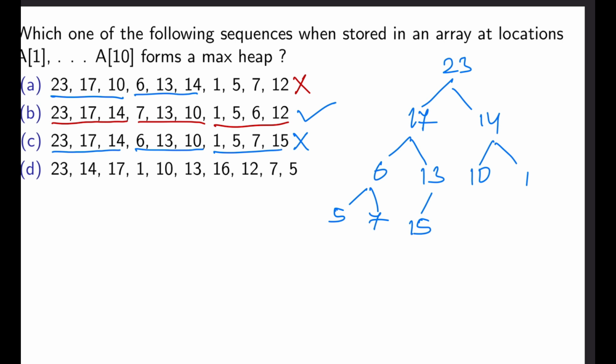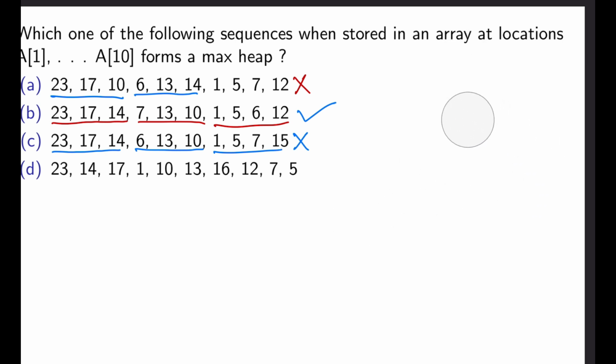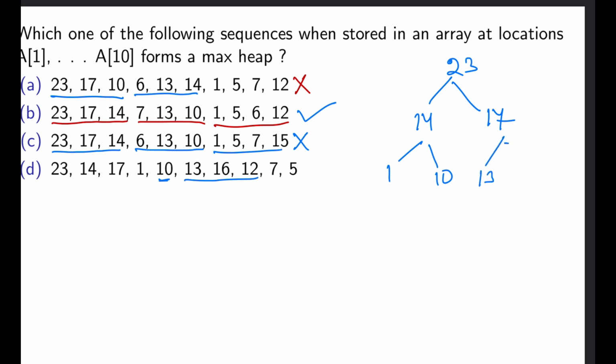Now we will check option D: 23, 14, 17, then 1, 10, then 13, 16, 12, then 7, then 5.